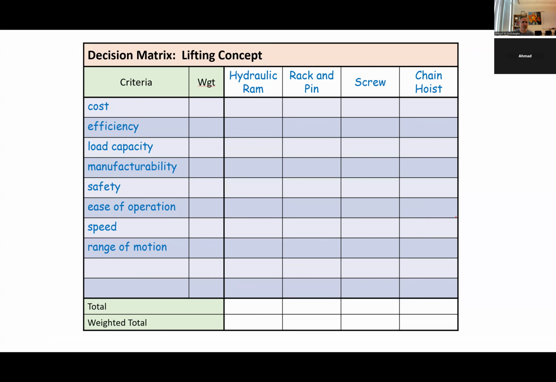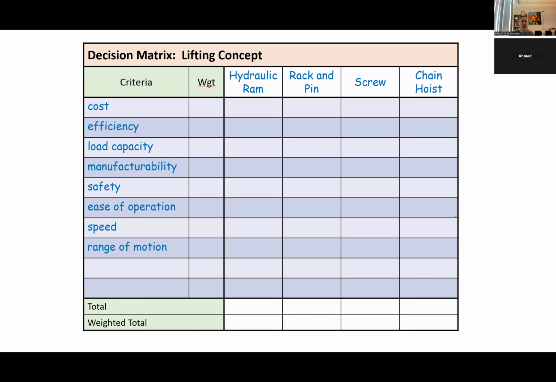So as you see, this is in table format with the title, lifting concepts. First column is our criteria. Second column is the weight. And here on each column, we are going to have the plus minus sign for each concept, right?